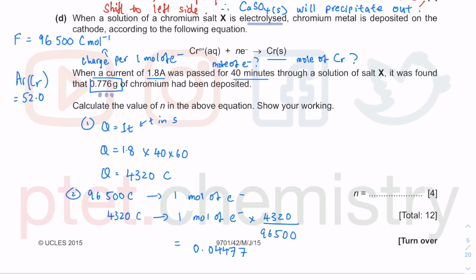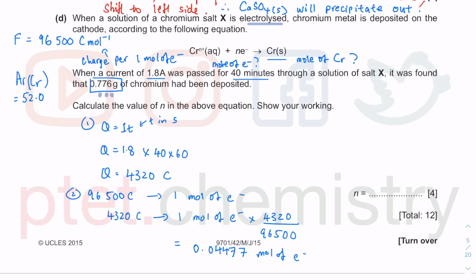This is 2 significant figures, this 2 significant figures. If I give 2 significant figures here, I will lose quite a great deal of accuracy later on. So I just leave it at 4, and then I can probably leave it at 3 or 2 significant figures for my very last bit of the answer. But I doubt it, because n has to be a whole number, so I will have to give n as a whole number later on. So this is the moles of electrons there.